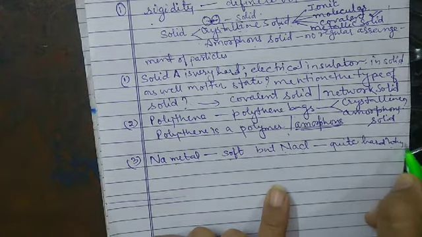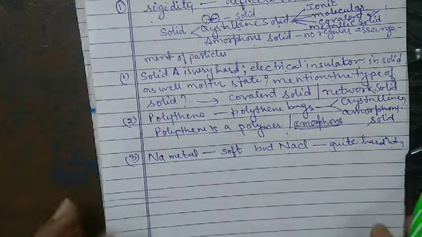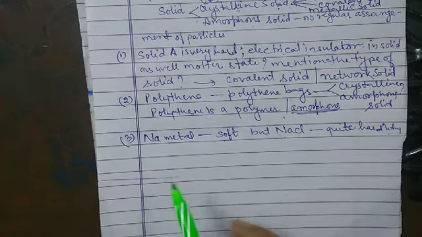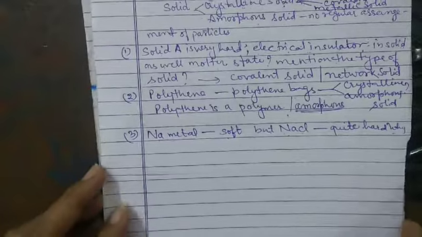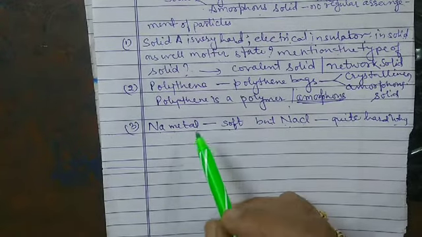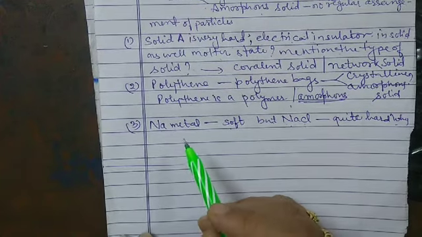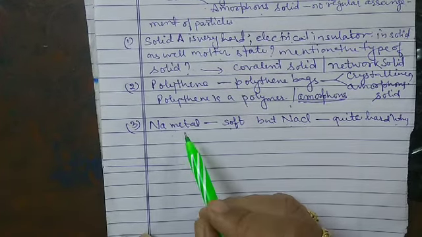Why? The sodium metal is very soft because we know that sodium and potassium are the softest metals. They are exceptional cases in the category of metals, and we can easily cut sodium metal with a knife or with our nail.